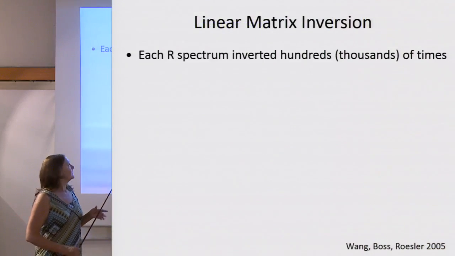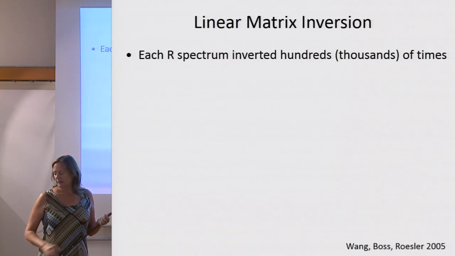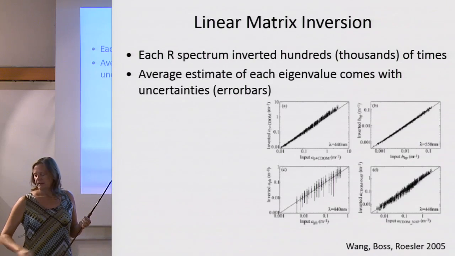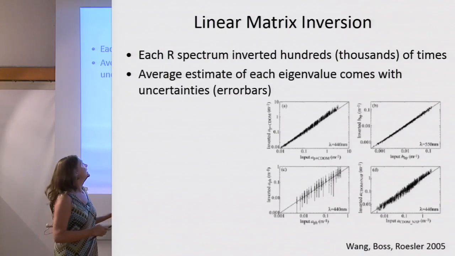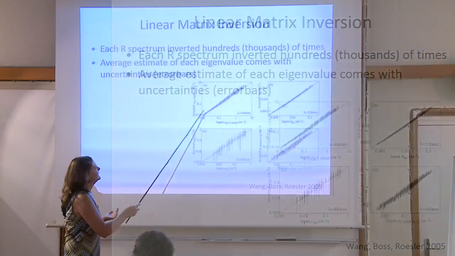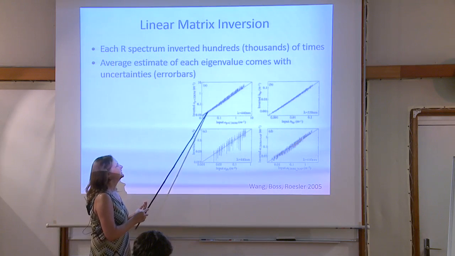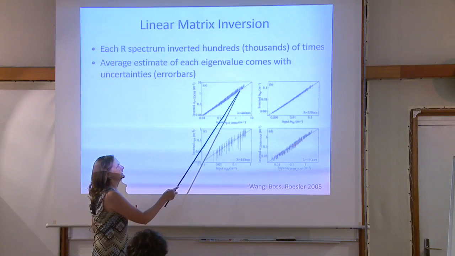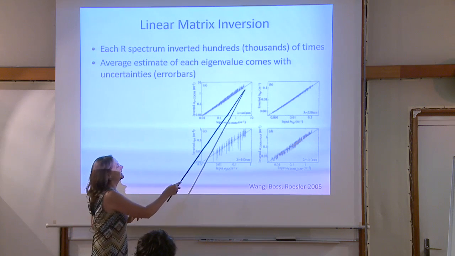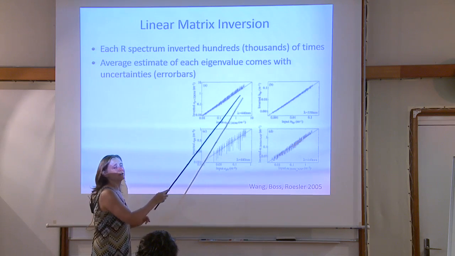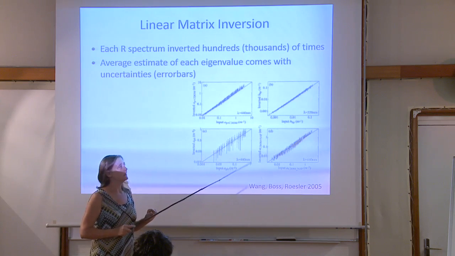And so each reflectance spectrum gets inverted hundreds or thousands of times, depending upon how you run it. So when you start to do comparisons, for multiple reflectance spectra, each dot on this line is a single measured spectrum, and the error bar is the uncertainty in the retrieval of that.